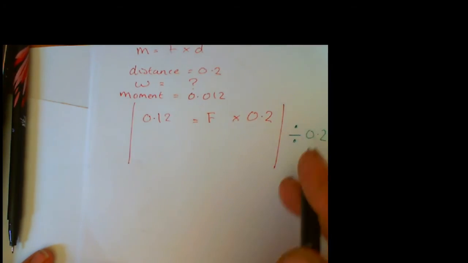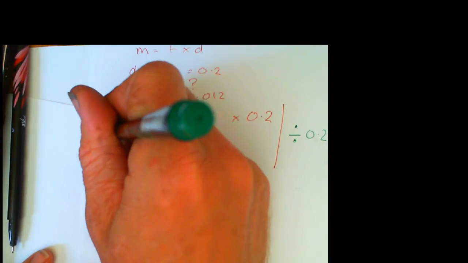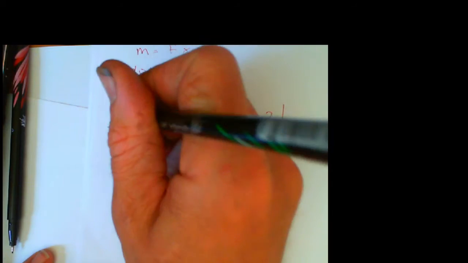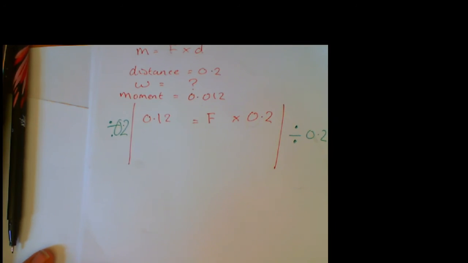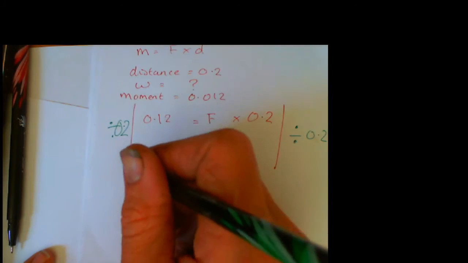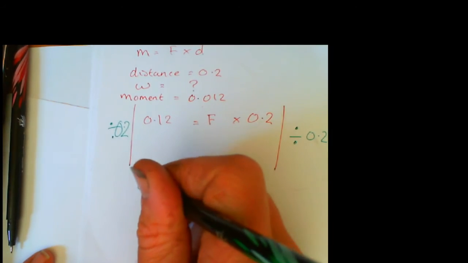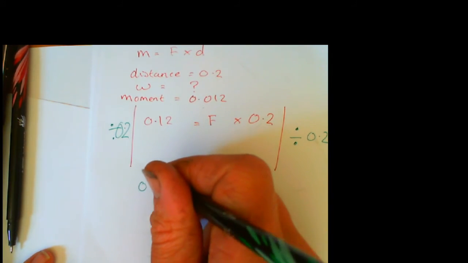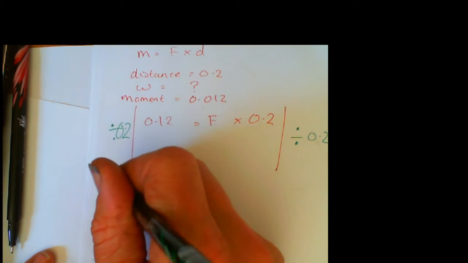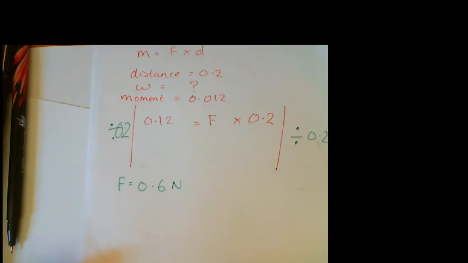And whatever I do to this side, I've got to do to this side. If I've got my maths right, dividing by 0.2 is the same as timesing by 5. So that's going to equal 0.6 newtons. So I'm going to say F equals 0.6 newtons.